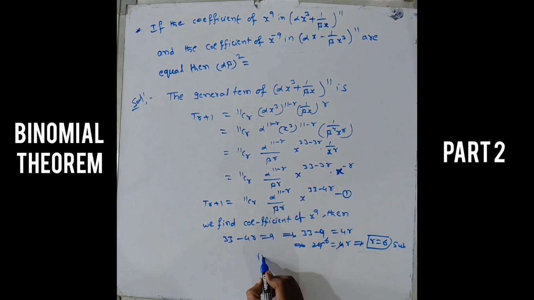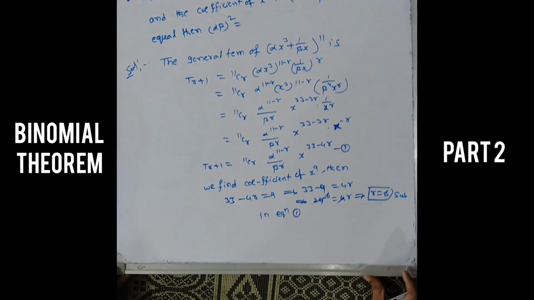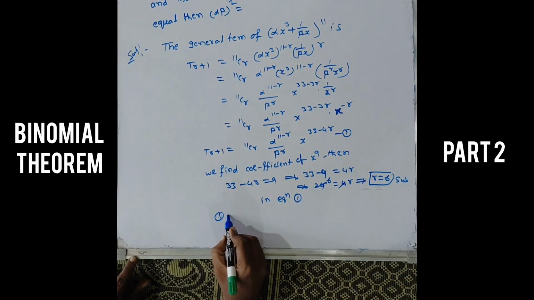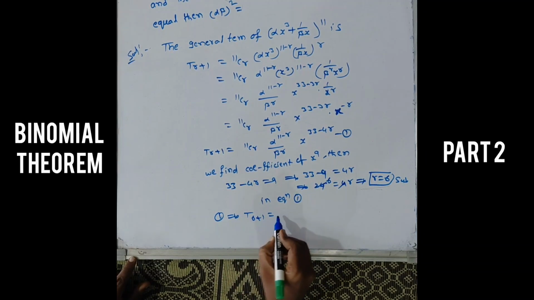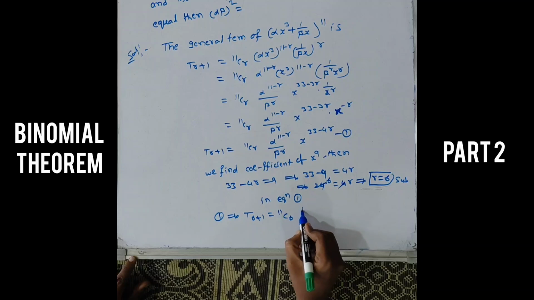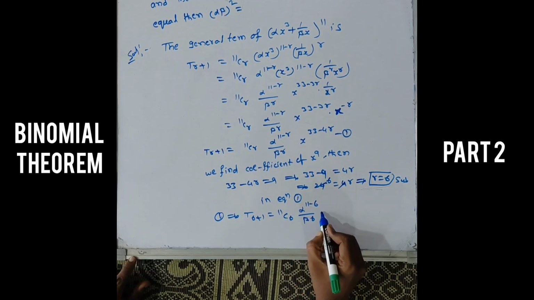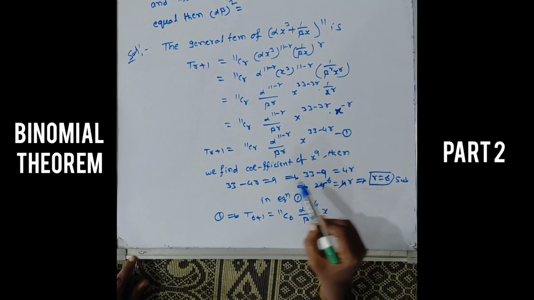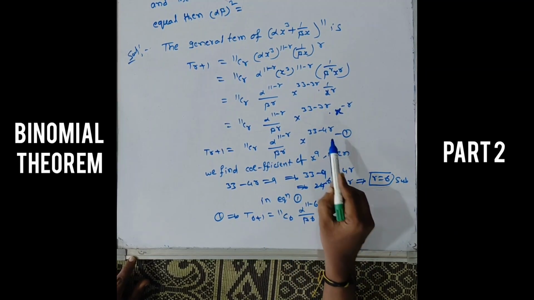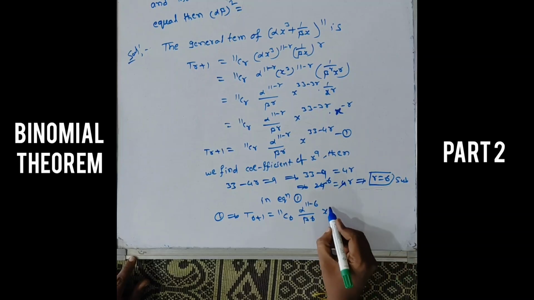Substitute in equation number 1. That implies T(6 plus 1) is equal to 11C6 alpha power 11 minus 6 in denominator beta power 6, x power 33 minus 4r, which is 9. Substituting the r value in this place, you get x power 9.